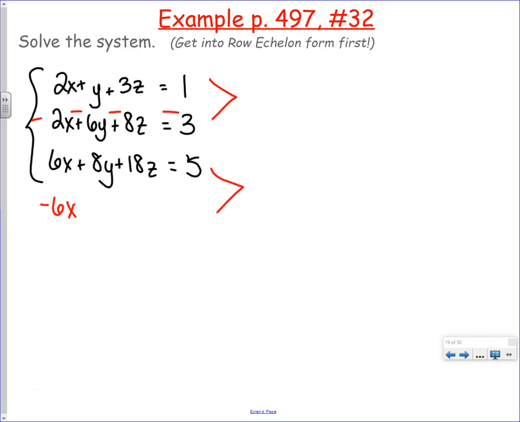Yeah. Sorry, I already did the negative in there. Negative 3. You see, sounds good, right?